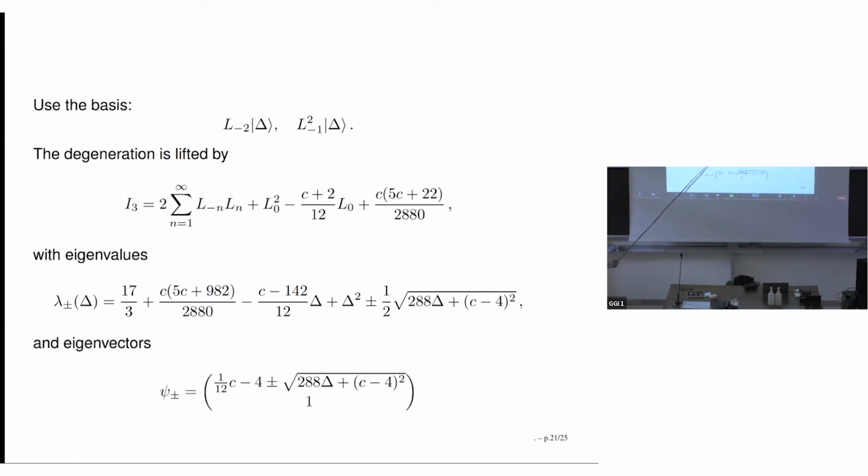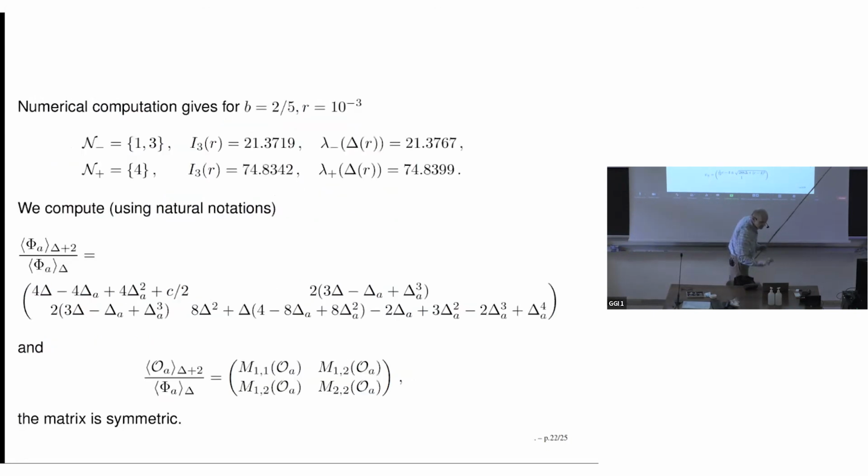These are eigenvalues, and these are eigenvectors. And to identify them with the numbers in TBA, which I had before, I just compute on the computer the TBA eigenvalues for this small radius, and I compare them with these two integrals, and I see that one is one and another is another, obviously.